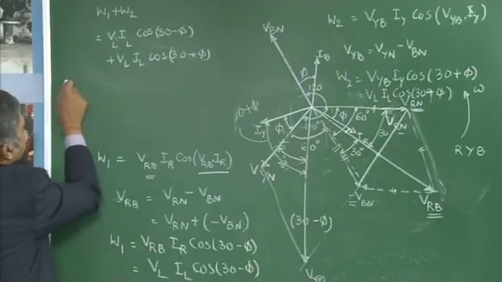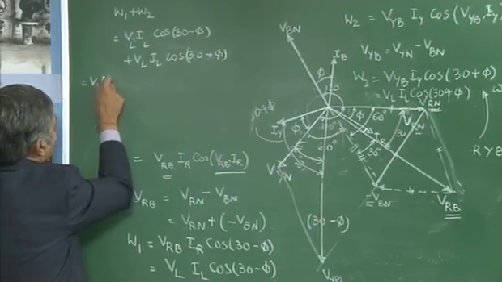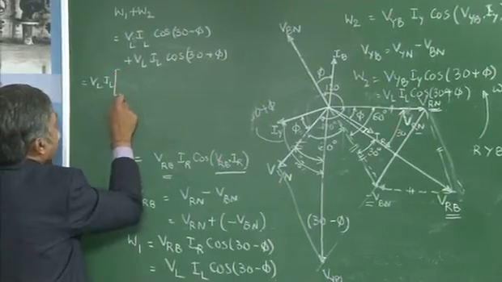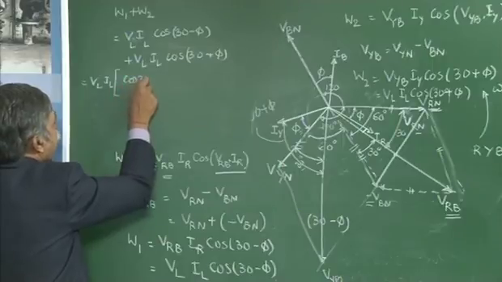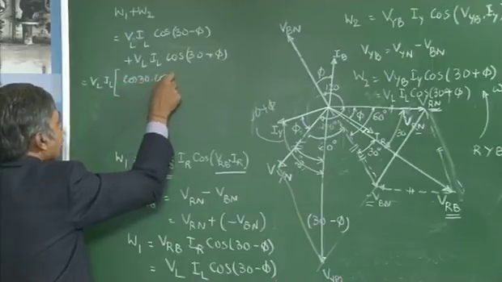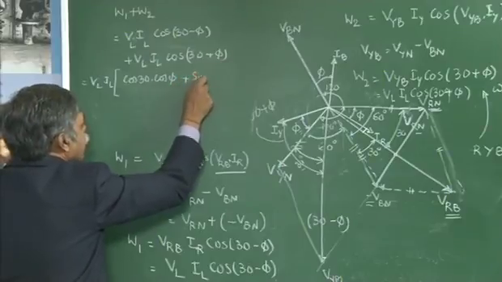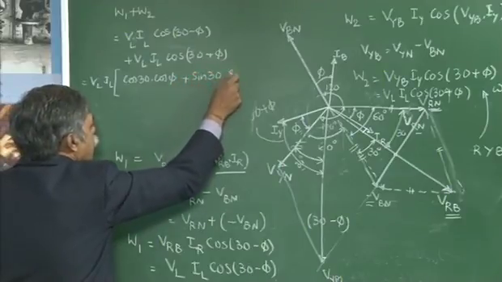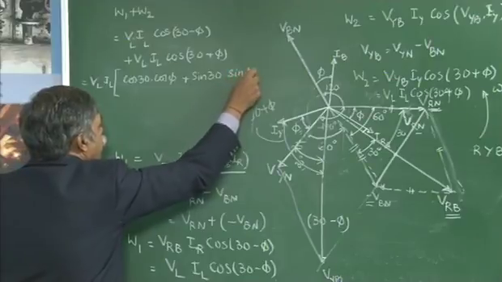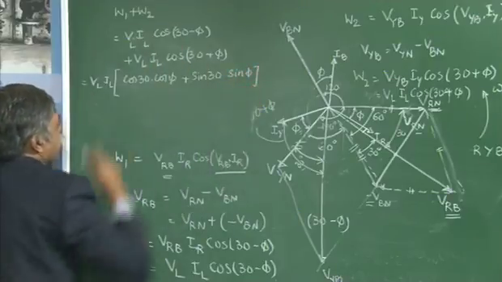So I have this VL IL common, so I will take it out as a common factor. Then I write here cos 30 into cos phi plus sin 30 into sin phi, that is the expansion of cos of 30 minus phi.